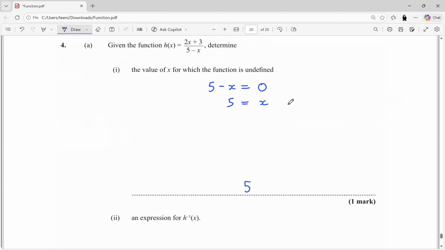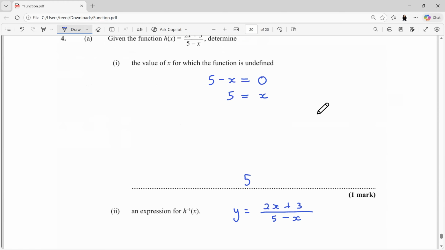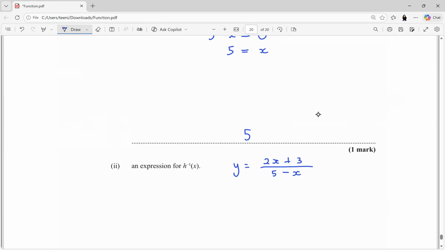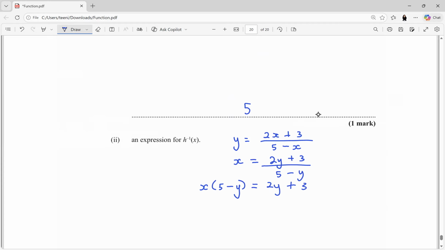Find expressions for h inverse x. So let y equal 2x plus 3 over 5 minus x. All right, interchange x and y. So this would be x is equal to 2y plus 3 over 5 minus y, right? Make y the subject. So you'll have x times 5 minus y is equal to 2y plus 3.